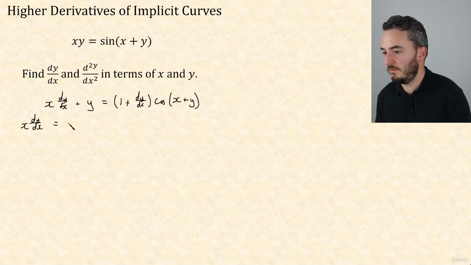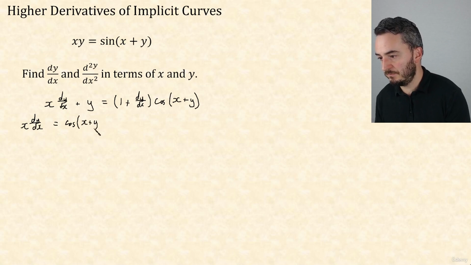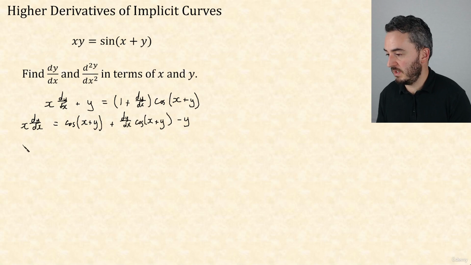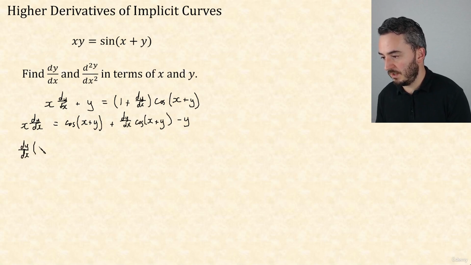equals, now expanding this over here, that's going to be cos(x + y) plus dy/dx cos(x + y), and then the y from the other side. All my dy/dx is over here and factorized out. I've got the x from here, and I've got the minus cos(x + y) from the other side.